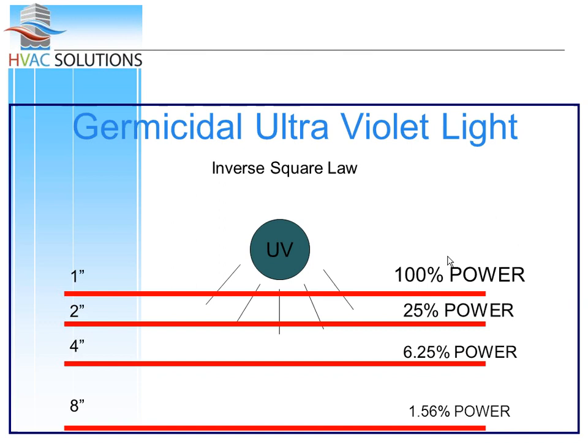And the reason we need those long exposure times is because if you go just 3 inches away from that UV bulb, you've lost almost 90% of the effectiveness of that UV light. And again, UV lights do a great job, but they do take quite a bit of time to do what they need to do. It's not instantaneous.